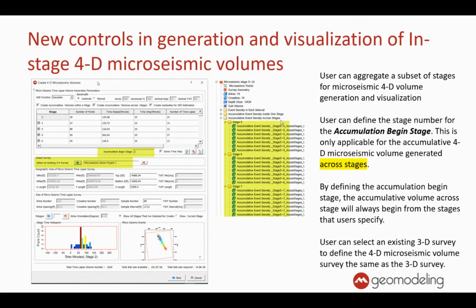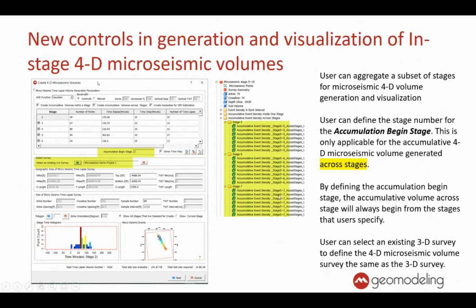For example, if we only want to see the accumulative event density across stages from stage 5 to stage 10, we can check stage 5 to 10 and define the accumulation begin stage to 5, so that the accumulative event density will start from stage 5 instead of stage 1.